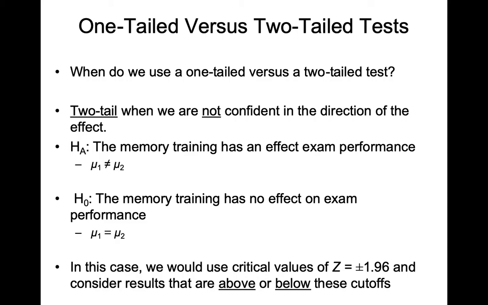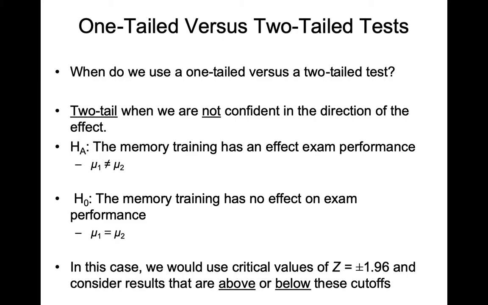In this case, we'll use critical values of plus and minus at the same time. You have to use both at the same time. Plus and minus 1.96. And we'll consider results that are either above or below these cutoffs. So we could get an exam score that is so positive that when converted to a z-score, it is higher than 1.96, in which case we'll say, yeah, memory training has an effect. It helps exam performance.